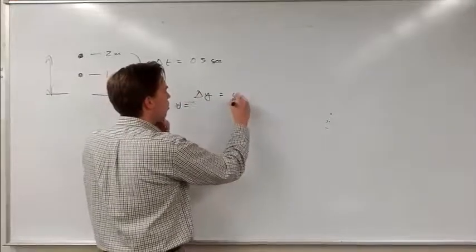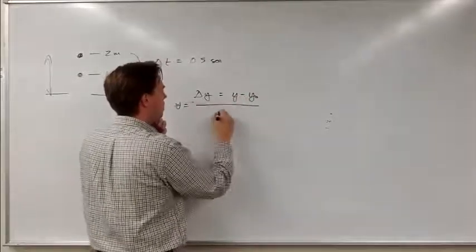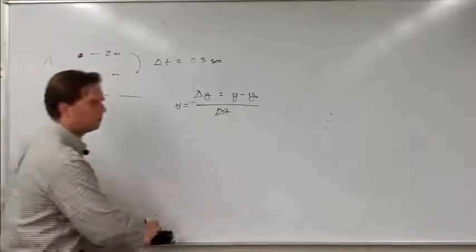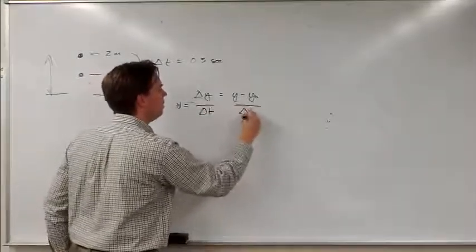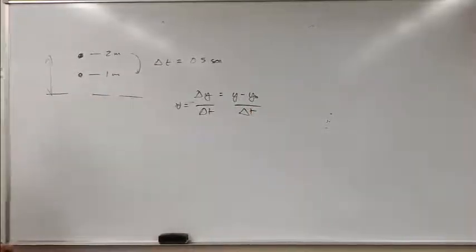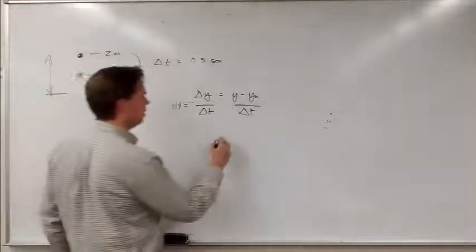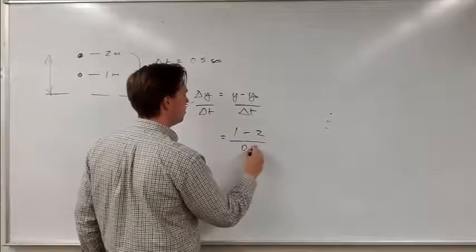So this is y, the final y minus the initial y divided by delta t, right? In this case, the final y is 1. The initial y is 2. So it's 1 minus 2 divided by 0.5.